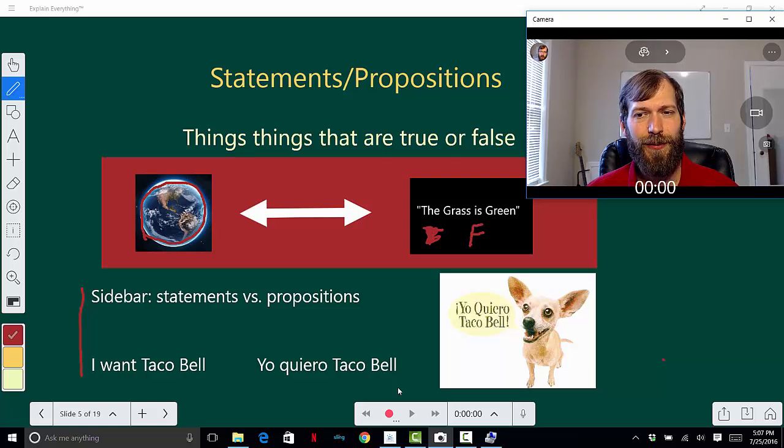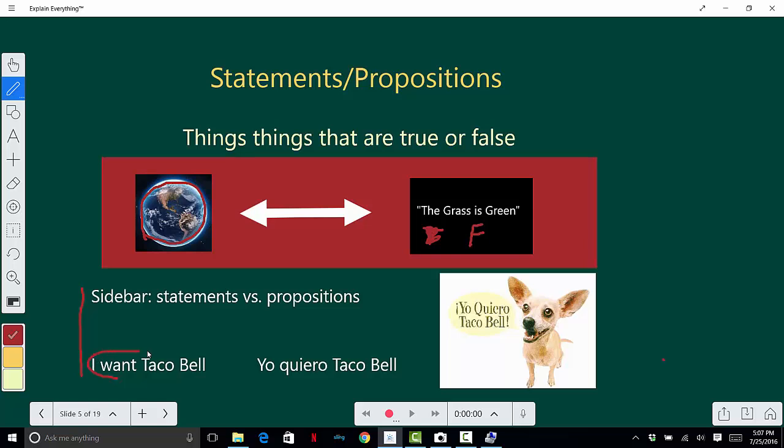All right, so you've had just a moment to think about whether those are the same statement. Many of you might be surprised that they're not the same statement. That's because the statement is referring to the actual inscription that we see here. So it refers to the English, I want Taco Bell, and it refers to the Spanish, Yo quiero Taco Bell.